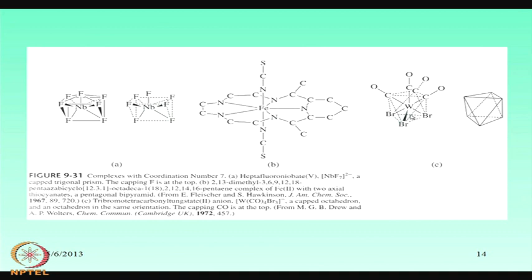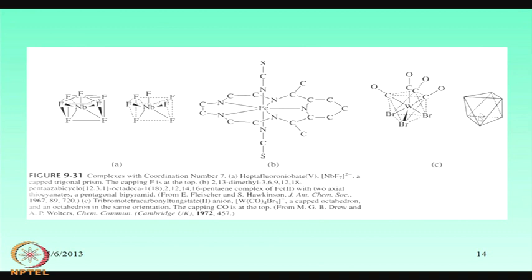Then what we have shown just now is the corresponding capped trigonal prism structure for tungsten CO4 Br3. So, Br3 in one particular trigonal face we have the Br3 units, in another trigonal face we have 3 corresponding CO units, and one is above this particular face, that means it is capping.